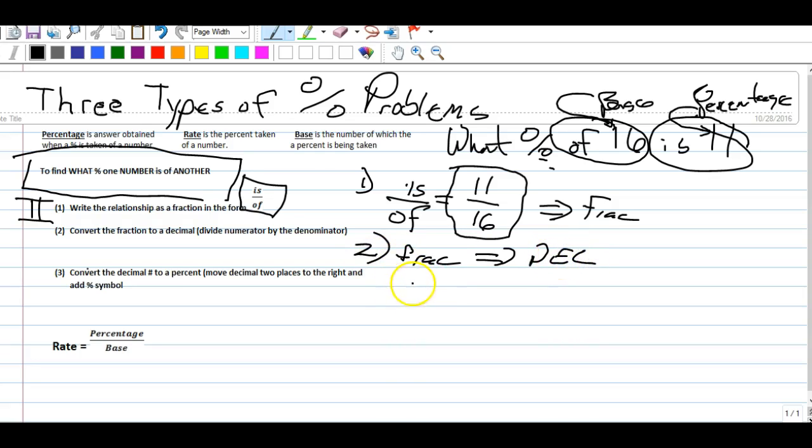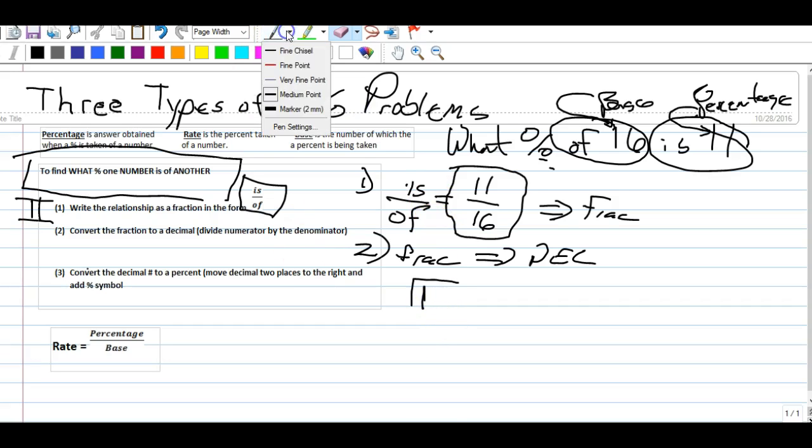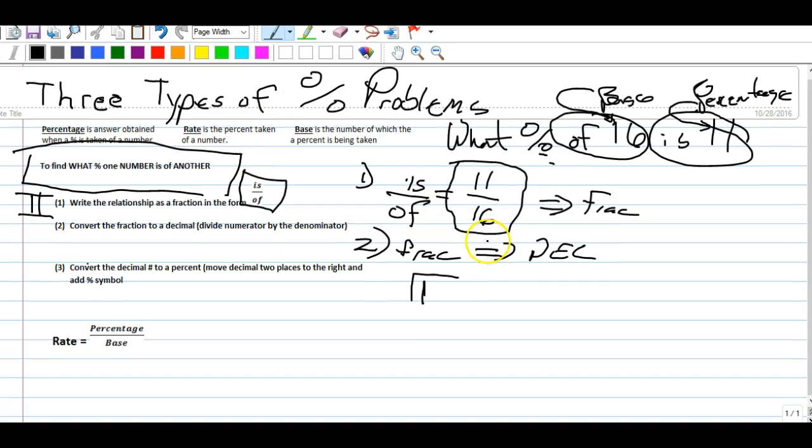So remember that your numerator, which in this case is 11, is always your dividend, and your denominator is always the divisor. So in this particular case, this is 11 divided by 16.